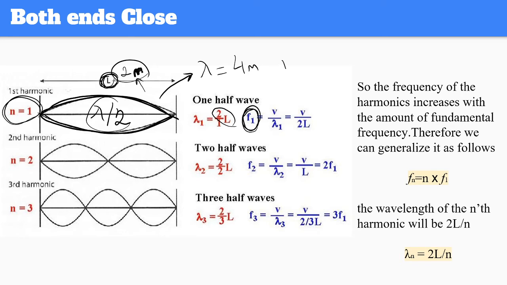Then if you want to move from the velocity equation, velocity equals frequency times wavelength. Since velocity depends on the medium and we are using the same string all the time, my velocity is going to be the same at all times. So what does that mean?